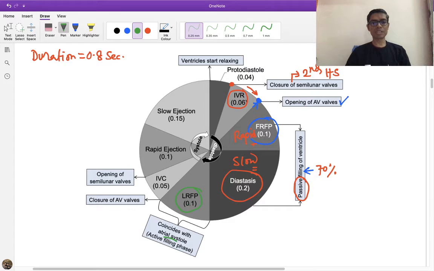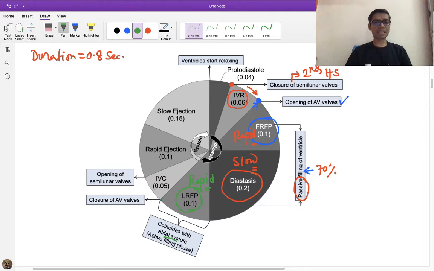So atrial systole has a duration of 0.1 second. That's why this last filling phase, which is rapid in nature, also has a duration of 0.1 second, right? So by the combination of these three phases, first rapid filling phase, slow filling phase, and last rapid filling phase, the total filling of ventricle will occur.